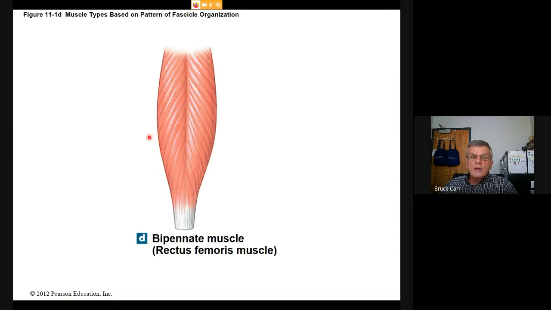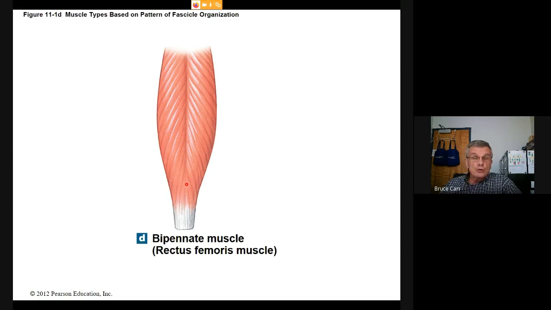But there are three other muscles, the vastus medialis, the vastus lateralis, and underneath it, the vastus medius, that form four different attachments on the humerus. This muscle is there to extend the knee. It's a pretty big muscle on the front of the thigh.